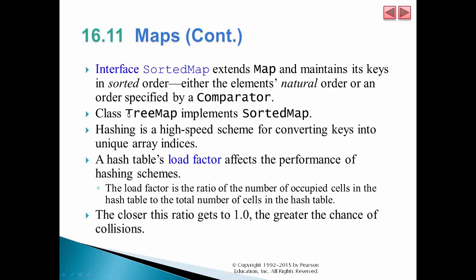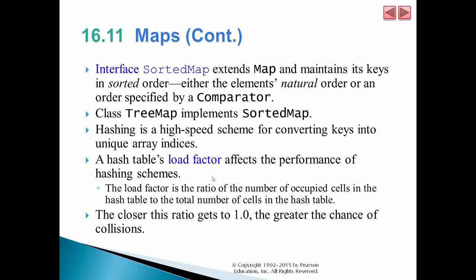The one thing that you need to know about maps, like with hash maps, is something called the load factor. The load factor is the number of cells occupied divided by the number of cells available. For example, for your hash map, you allocate 10 cells, and your hash function distributes the values into, let's say, 5 cells.